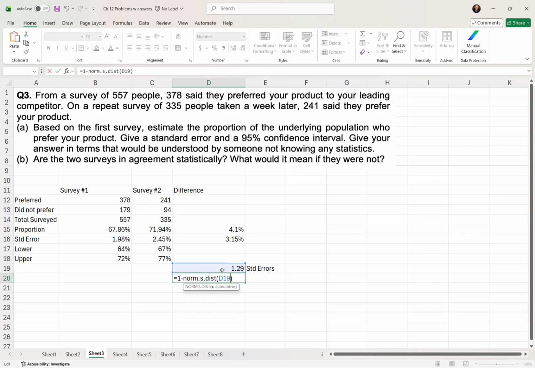So let's go comma, true, is 0.098. That's almost 10%. So the probability of observing such an increase by pure luck is about 10%. There you make your decision.